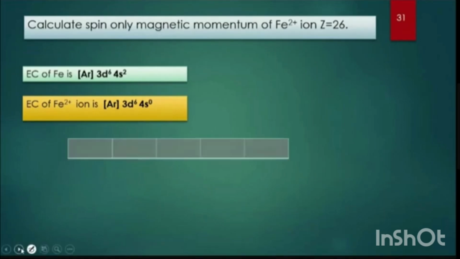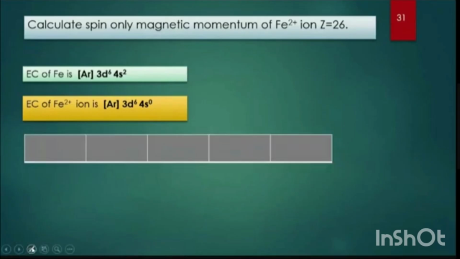Now let's see. Here I have the same 5 degenerate d orbitals. How are they named? dxy, dyz, dxz, and then dx square minus y square, and lastly dz square. Now 6 electrons are there.